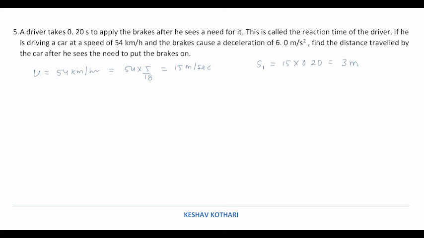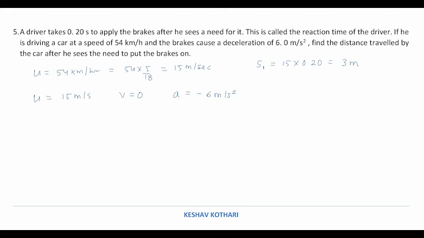Now the brakes are applied. So u equals 15 meter per second. The brakes are applied, then the final velocity will be 0 and the acceleration can be written as minus 6 meter per second square. So during this it will cover again a certain distance.